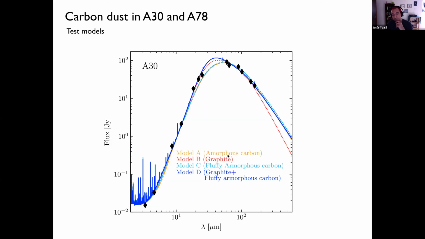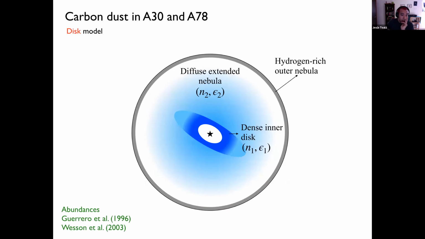And then, of course, the best model is the combination of graphite and fluffy amorphous carbon here. Okay, so for Abell 30, what we need is an inner dense disk and the extended nebula. And for the abundances, we took the abundances reported by Guerrero in 1996 and Wesson and collaborators in 2003.